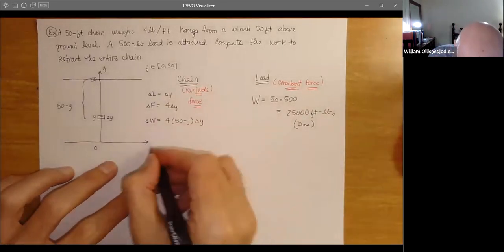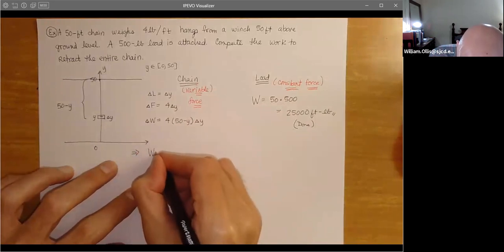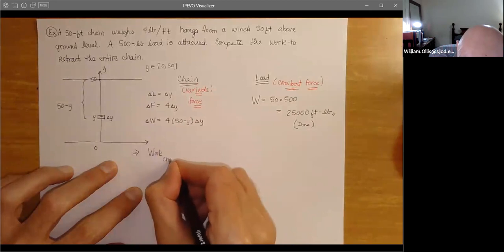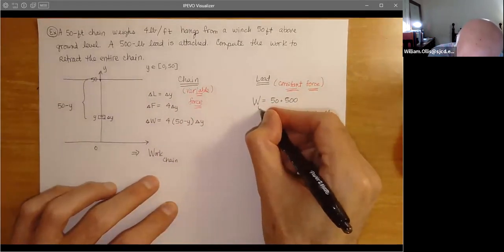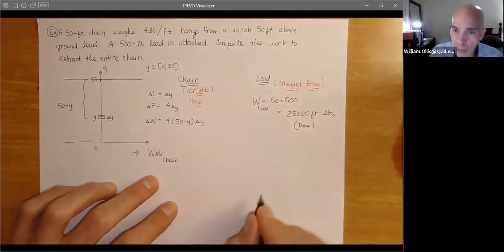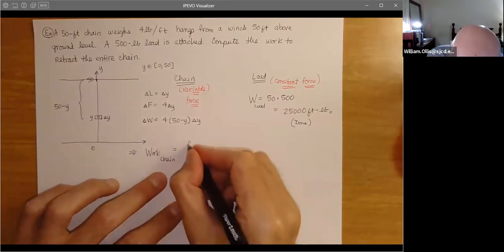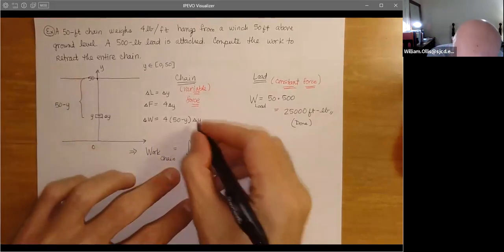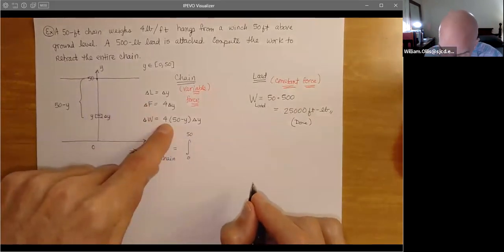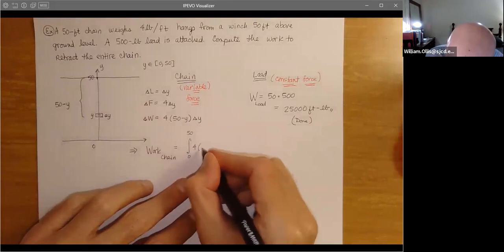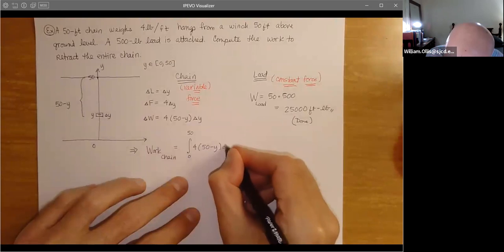So now for the chain, this says that our work, I'll just say work sub chain. And I'll just say this is work sub load, so to speak, maybe to differentiate them. So we have 0 to 50. And then we have our delta W. So we have 4 times 50 minus y delta y.